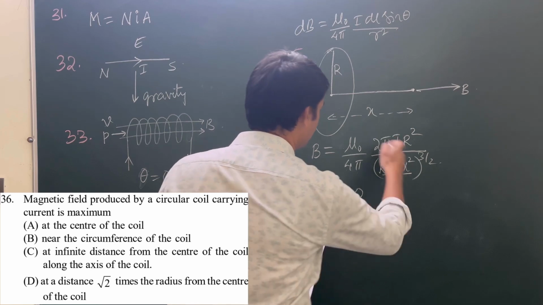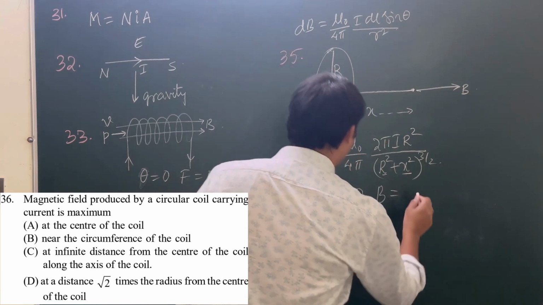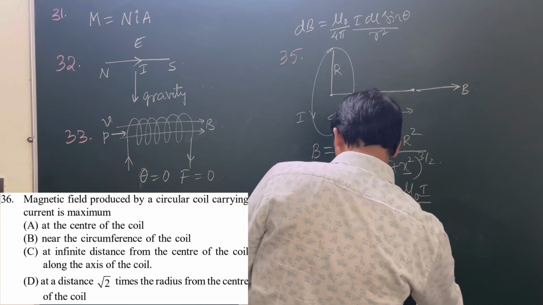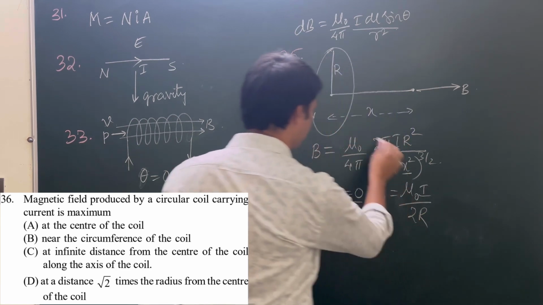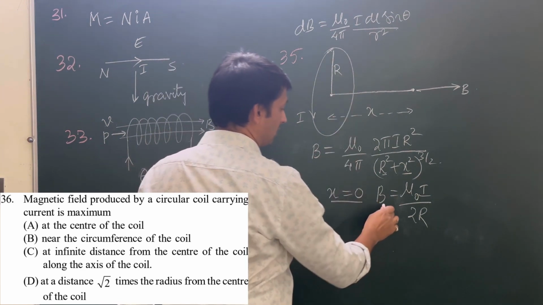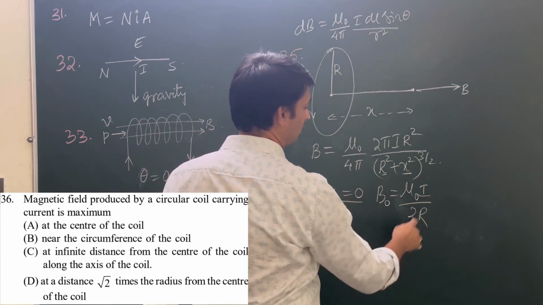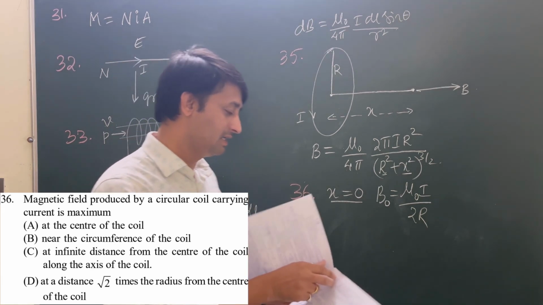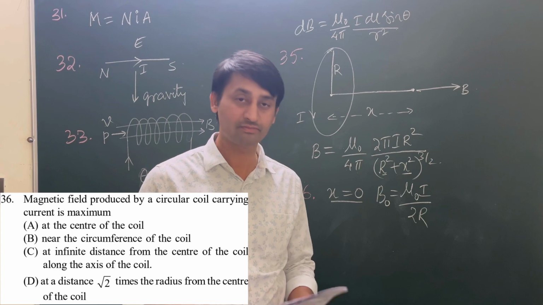Substituting x equal to 0, we get B is equal to mu naught I divided by 2R. When you simplify this equation, at the center of the circular coil we get magnetic field mu naught I divided by 2R. So option A is the correct answer.